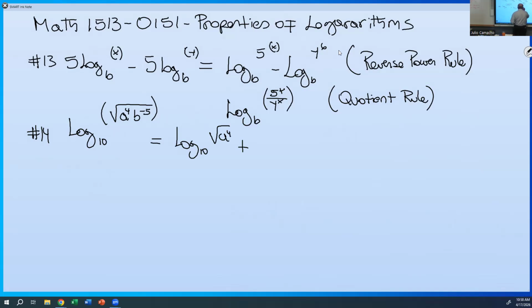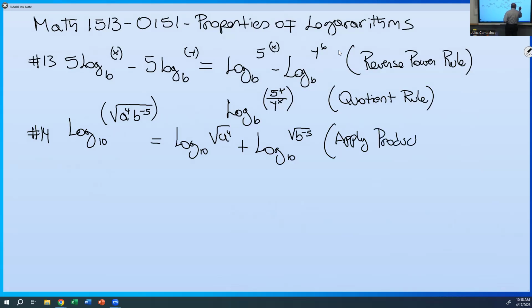Let's apply first of all the product rule to break it into two different radical expressions, plus the log base 10 of the square root of b to the -5. Then what we did here, we apply the product rule.